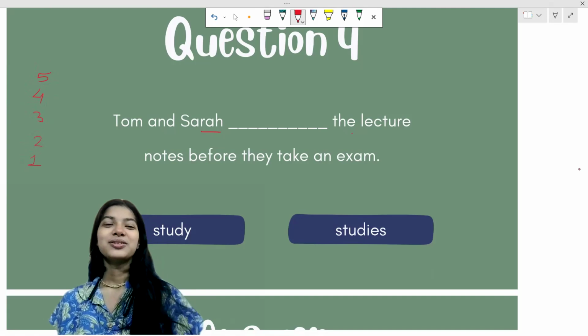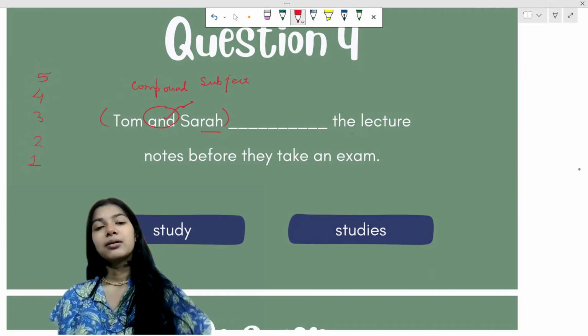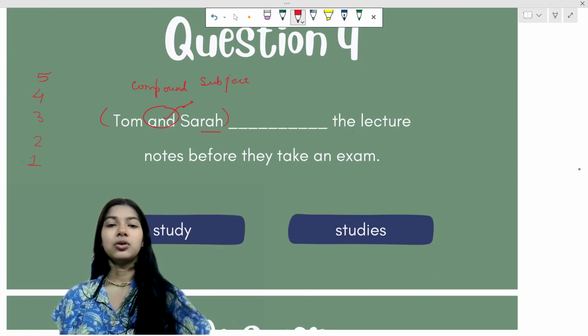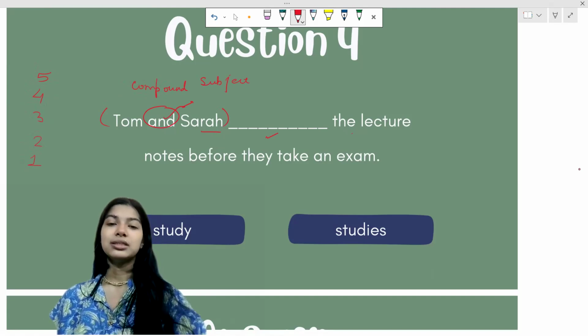Time's up. So here, as you can see, the subject is in compound form. It is a compound subject, as we have learned. It is joined with the word and, so it is plural. So the verb should be plural too, meaning it should not contain any S or ES.